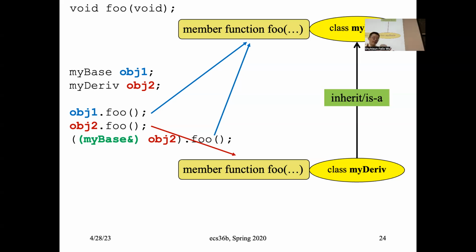And because the data type is my base, then I'm going to call the base version of foo. Okay, everybody good with this? Everybody okay with the 3 lines here?